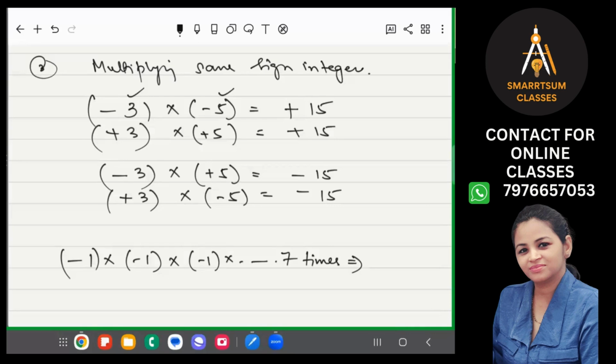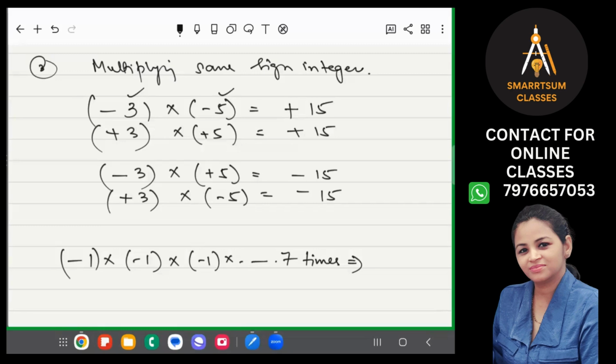Ma'am, can I tell? Priyansh: positive 7. Abhinav: minus 1 multiplied by minus 1. You are multiplying minus 1 7 times to itself, so what will you get? Ma'am, positive 7.